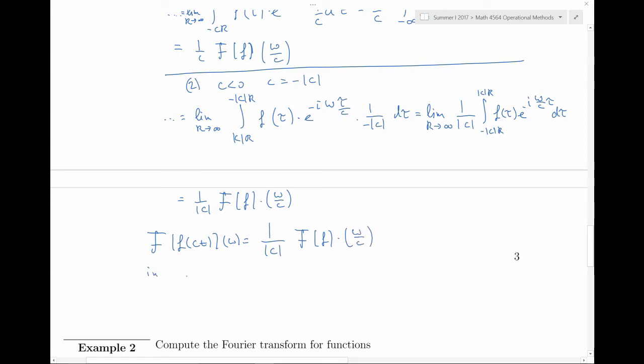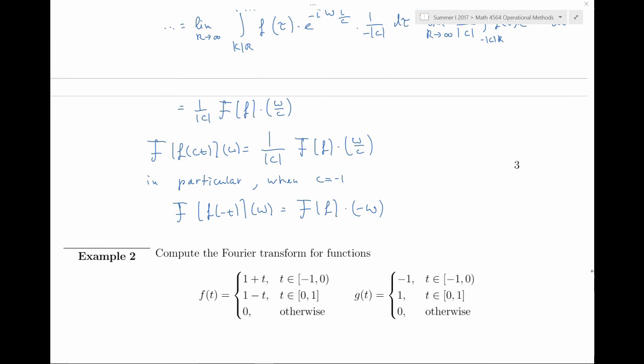In particular, when c is negative 1, the Fourier transform of f of minus t, at omega, is the same, so 1 over absolute value of negative 1 is 1, the same as the Fourier transform of f evaluated at minus omega. For now, this is it for the properties.